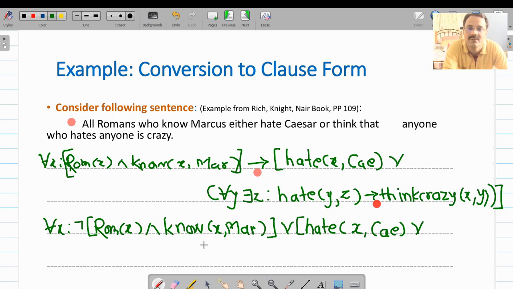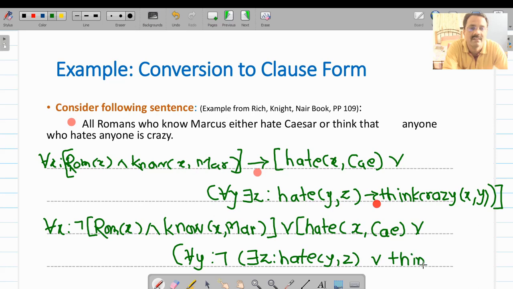So that will give you, write this bracket as it is, for all y, now not there exists z, hate y z, not of a or b, or think crazy x y.